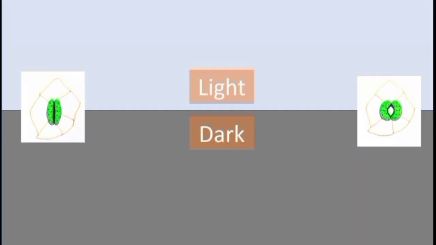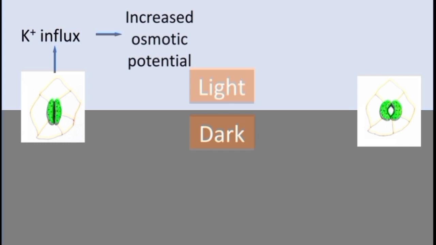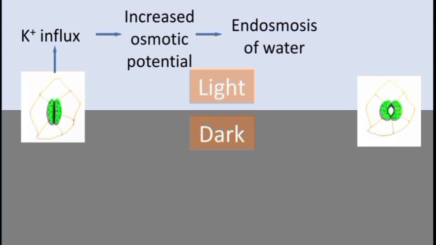So, according to the modern concept, as the light falls on the stomata, potassium ion influx takes place in the guard cells. It leads to the increase in the osmotic potential of these cells, and therefore osmosis of water takes place from the subsidiary cell, leading to the turgid state of the cells and the stomata open.